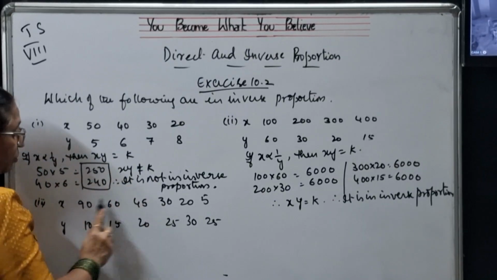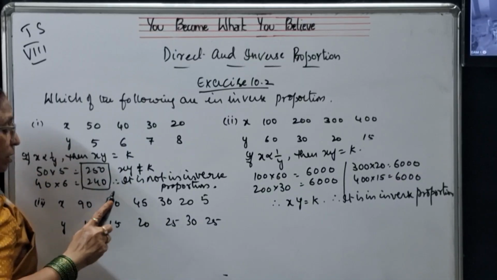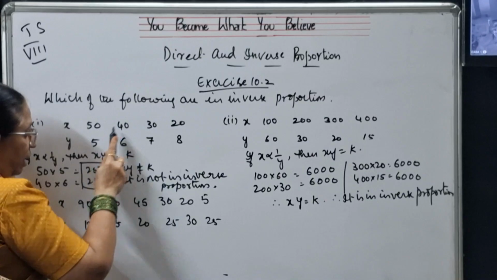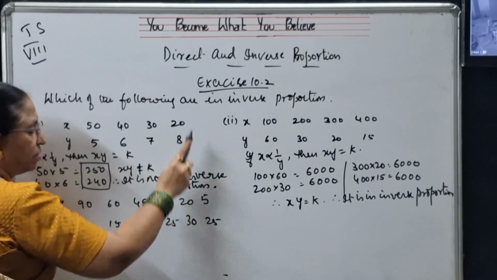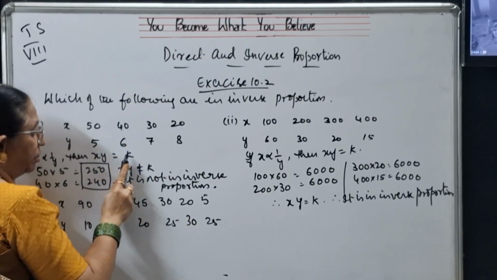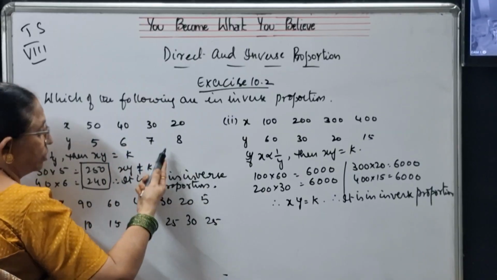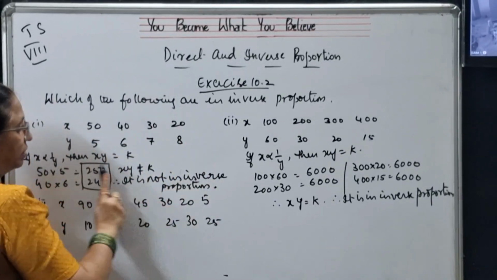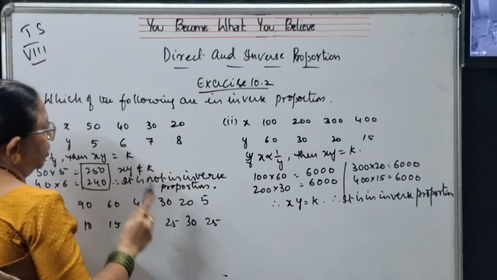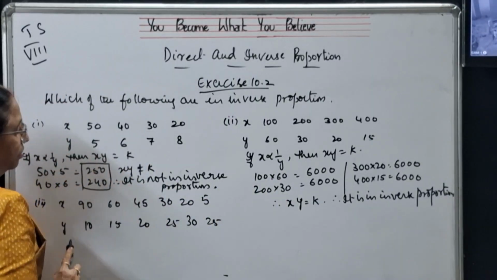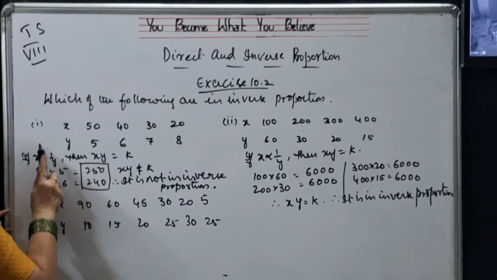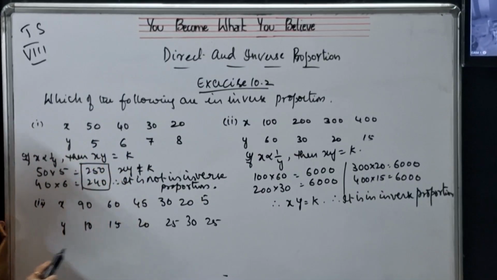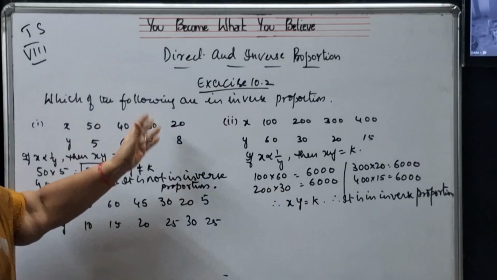Our main task is to multiply this into this, and this into this, or anything which is given here. If you are getting them as equal, then we have to go for the next one. In all these cases, if you are getting value k as constant, then only they are inversely proportional. Here in the first step itself, I did not get. So I need not continue.